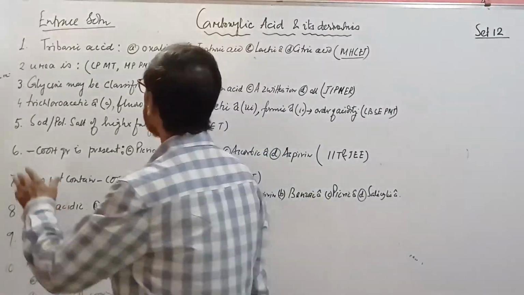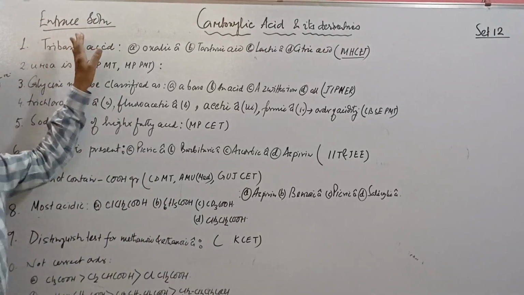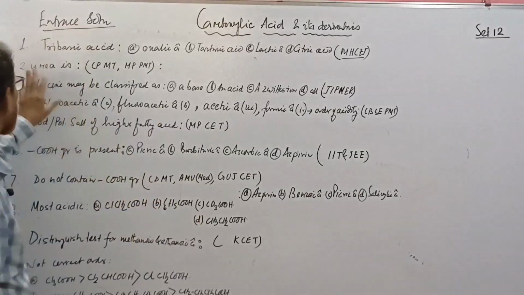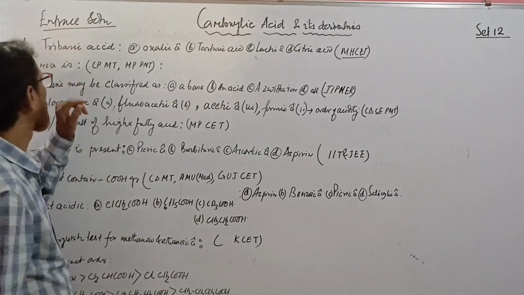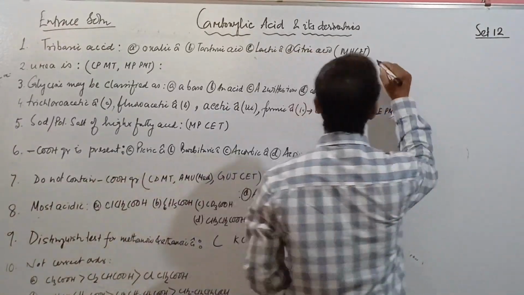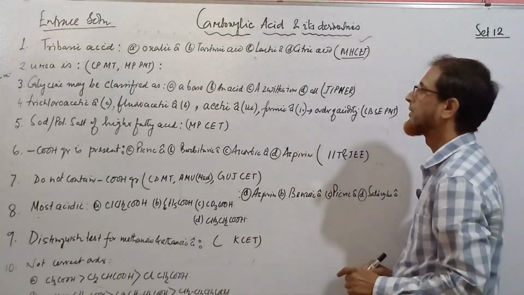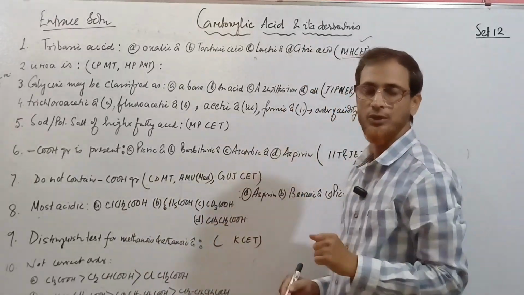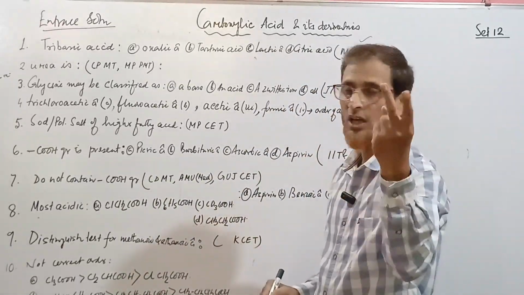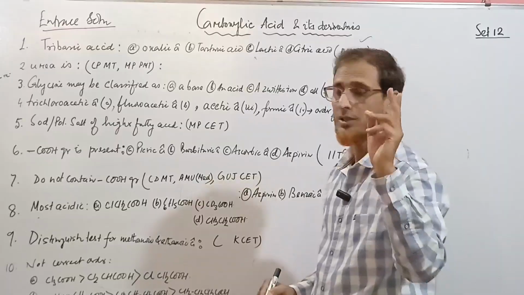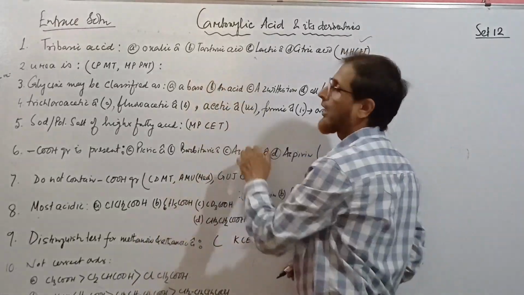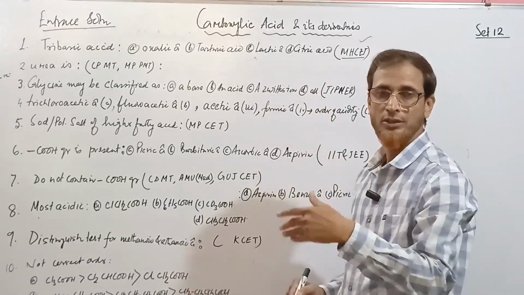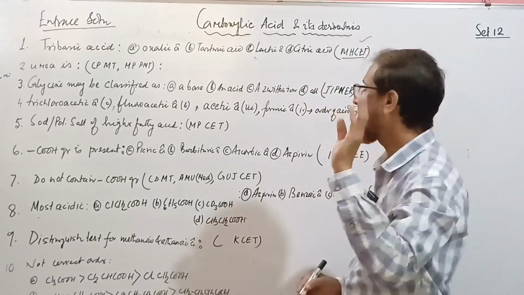Now let us try to solve entrance exam questions, some of which have already been chosen by me. So you see, the first one is tribasic acid. Which one of the following is a tribasic acid? It was asked in MHCET. Oxalic acid has two COOH groups, it is dibasic. Tartaric acid, I have already shown you, has COOH above and below, again it is dibasic.